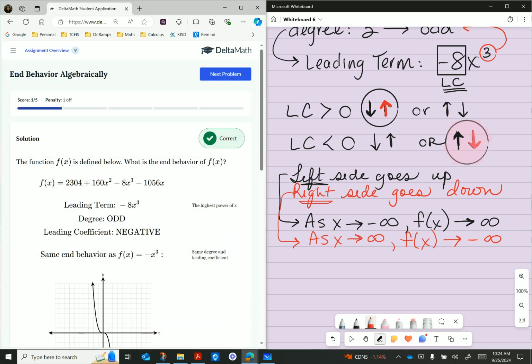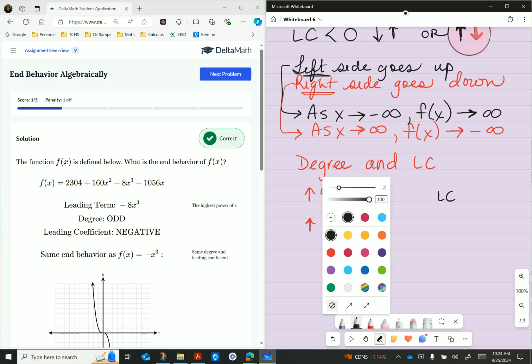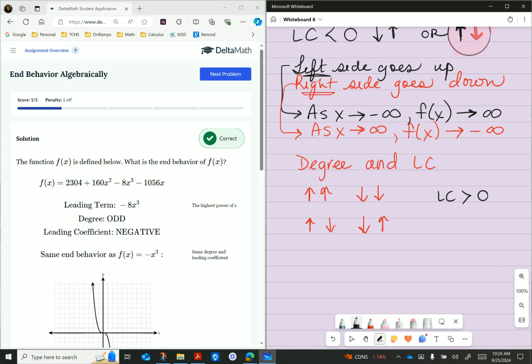So always remember, with these types of problems, you need to find the degree and the leading coefficient. Again, even means both up or both down. Odd means one's up and one's down, or one down and one up. If the leading coefficient is positive, greater than 0, you will have either both ups or the right one up.